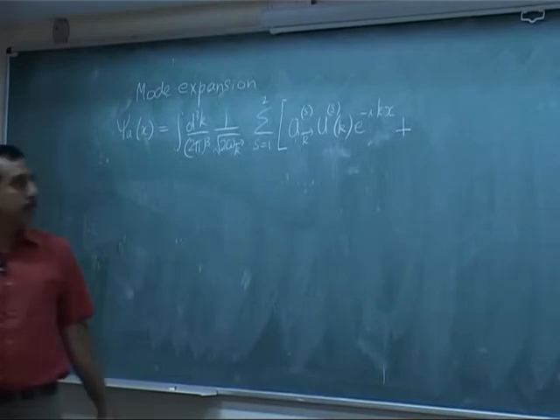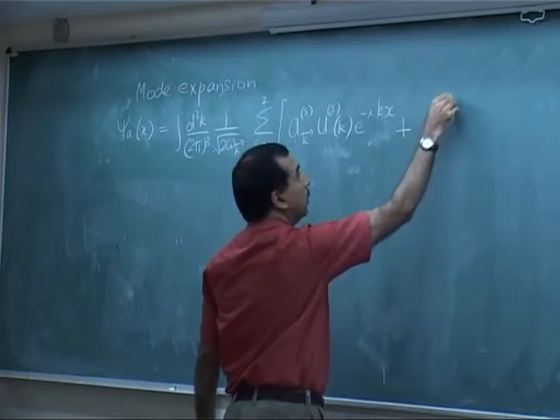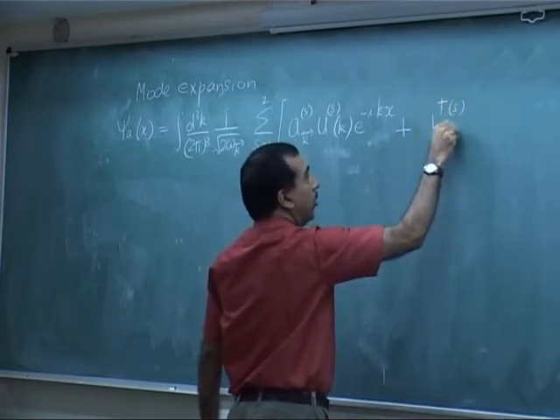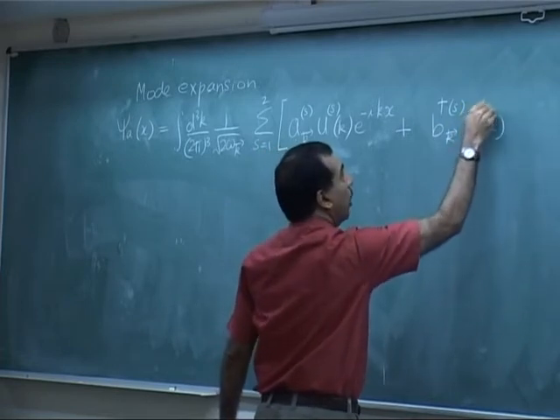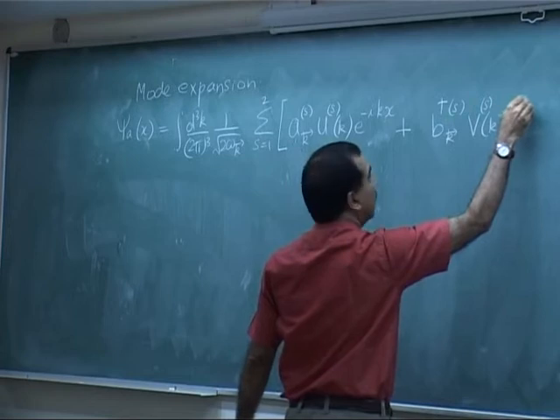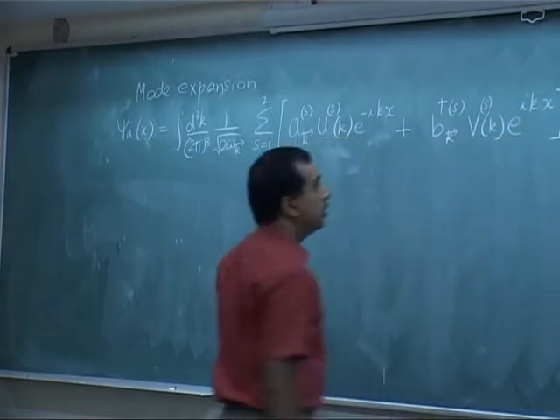So they should appear in the same line. So here I should have b dagger s k with the V k s e to the i k dot x.